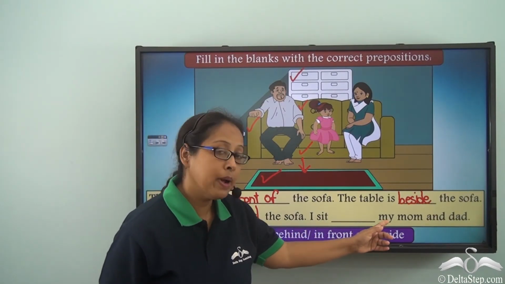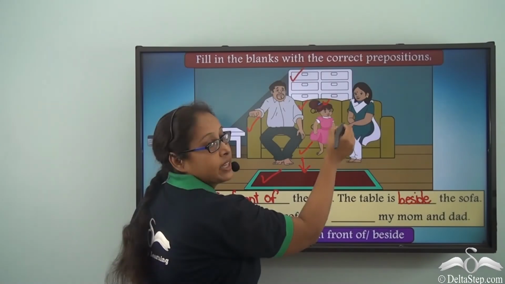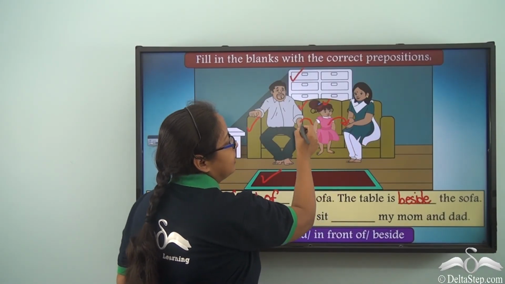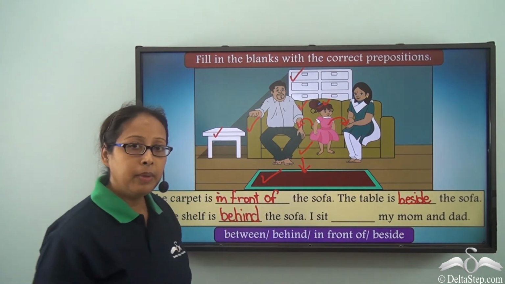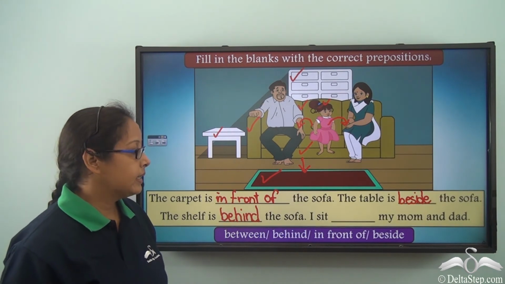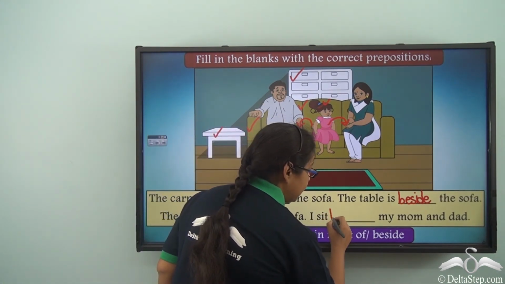I sit dash my mom and dad. So this is me, and we can see that this girl is in the middle of her mother and her father. So we can also say that I sit between my mom and dad.